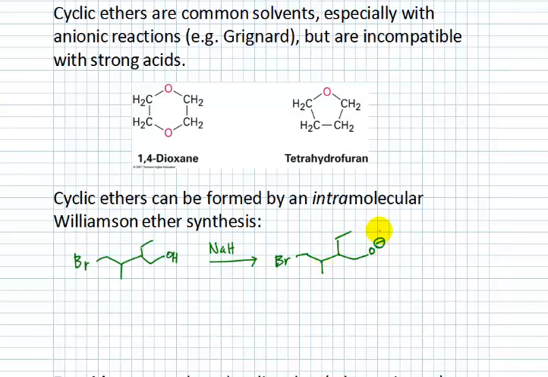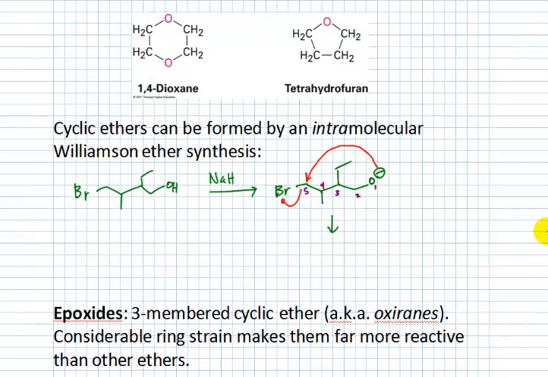Then what will happen spontaneously is the intramolecular Williamson ether synthesis, where the O minus will attack the carbon that has the leaving group attached. Remember, I said it's helpful to number what's going to be part of the ring. The oxygen now will be part of the ring. So I'm going to have a 5-membered ring.